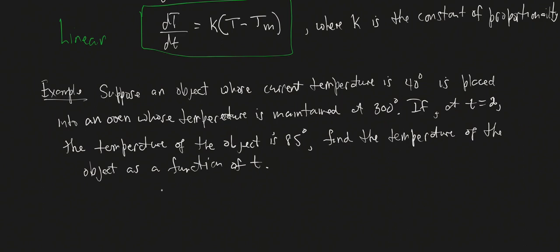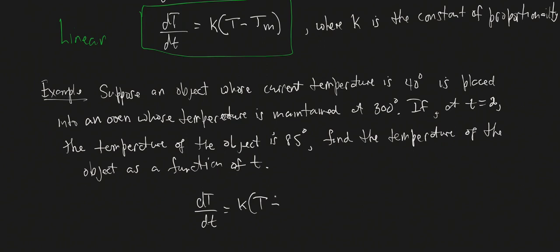So let's see. We're going to write down what we know. So we're going to assume Newton's law, right? So let's start with the differential equation. So that part's a given, right? In fact, all of this is pretty much a given because we don't know what the temperature function is. In fact, that's what we want to find. We don't know what the constant of proportionality is in general.